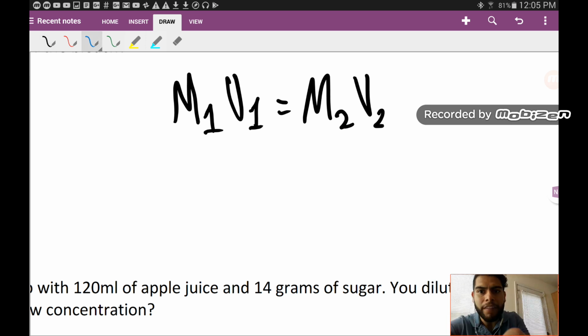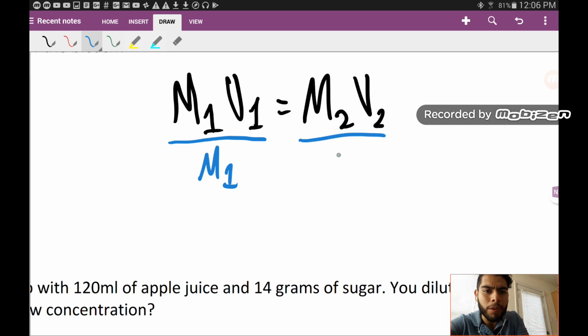If they were asking us for volume 1, we have to get rid of M1. So to get rid of M1, we just divide by M1 on both sides of the equation, since this is an equality.